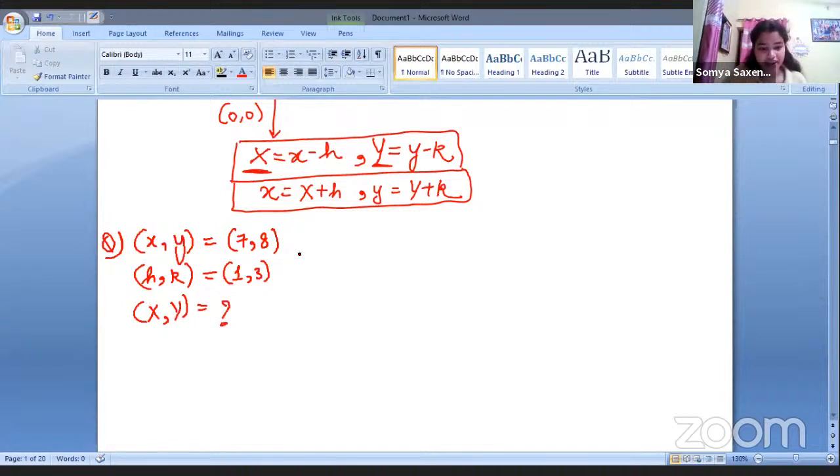The question is that simple. If the origin is shifted from 0 comma 0 to this new origin, and this is the initial coordinates of the point, what will be the new coordinates of that point with respect to the new origin? So you have to find it.